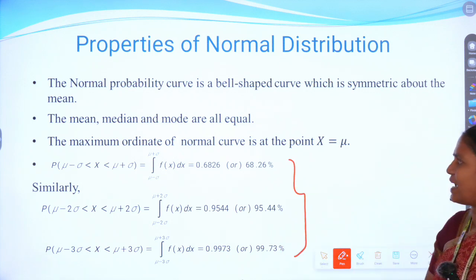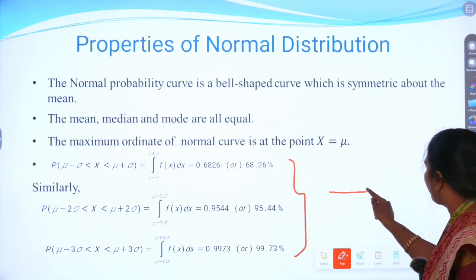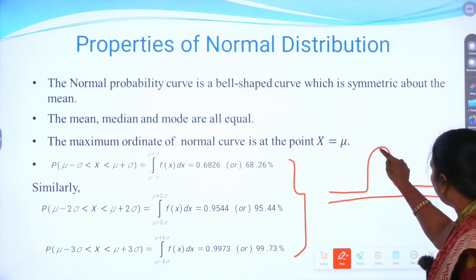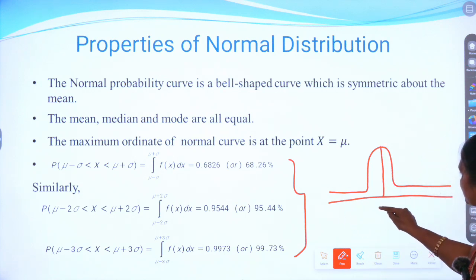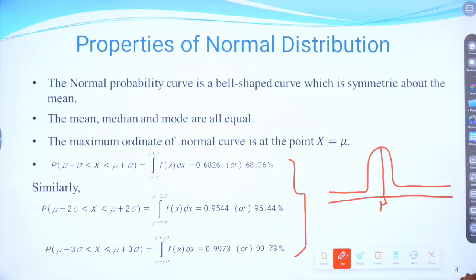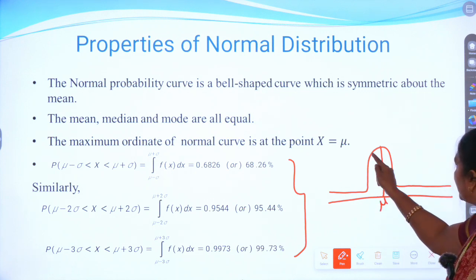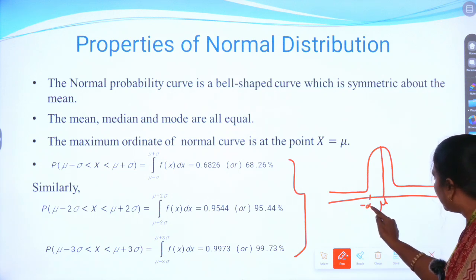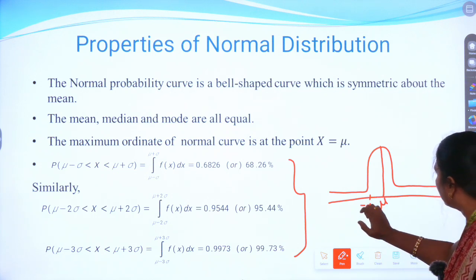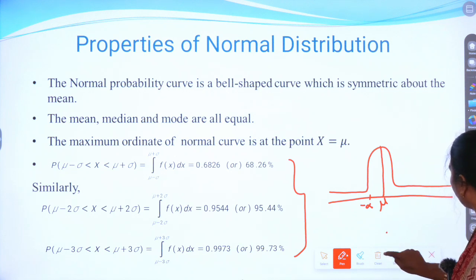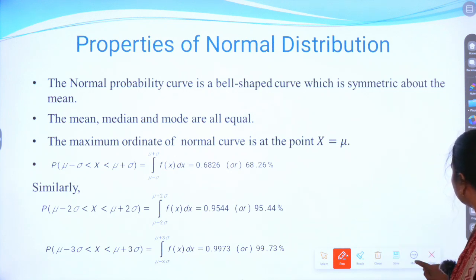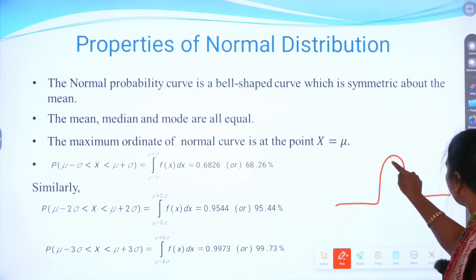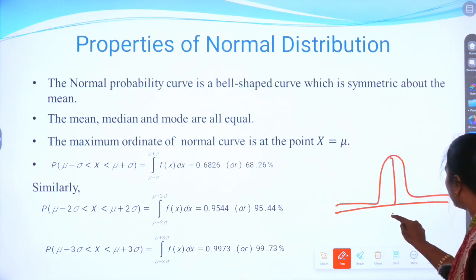So this is the normal curve, which is in bell shape, and the central line denotes the mean, mu.